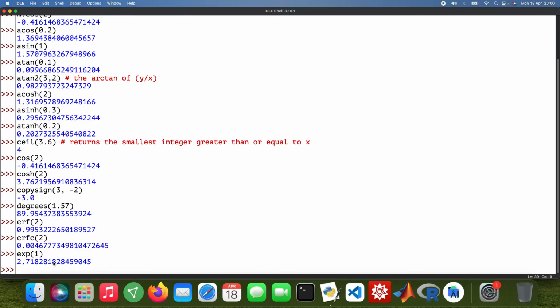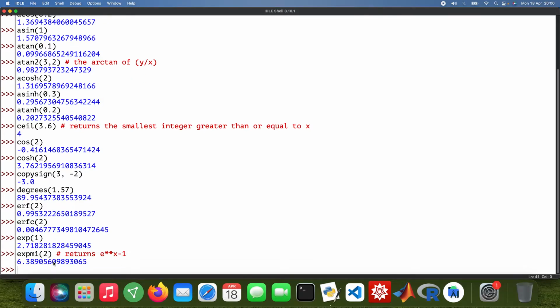And then expm1, so exp minus 1. I'll put a value there, 2. What this does is it returns e to the x minus 1.